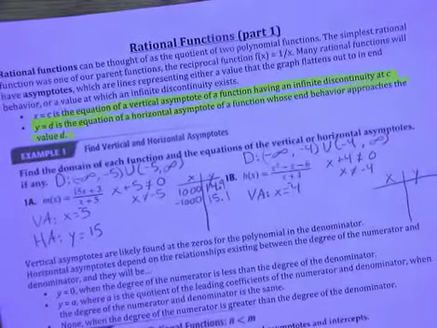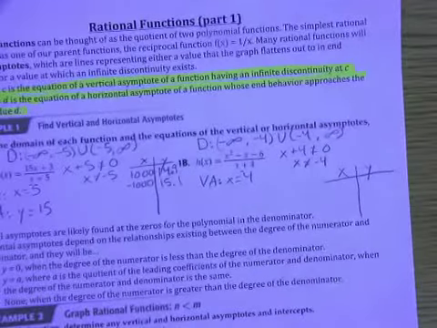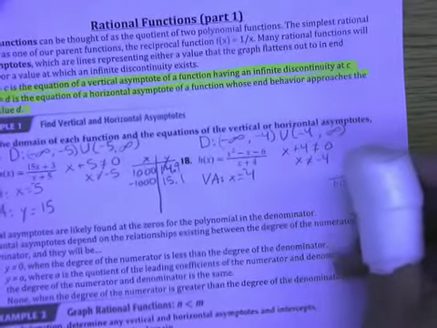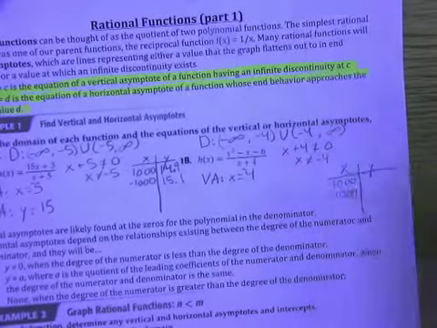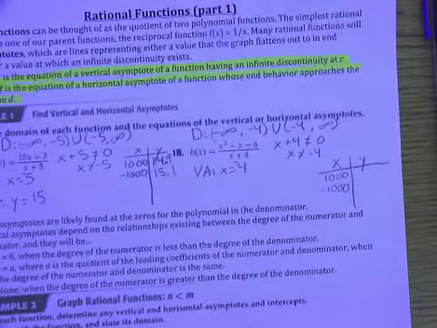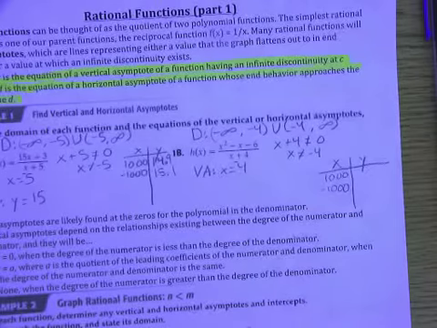For my horizontal asymptote, I need to identify if there's some flattening out end behavior going on or something else. So once again, I'll plug in 1,000 and negative 1,000 and see what's happening.